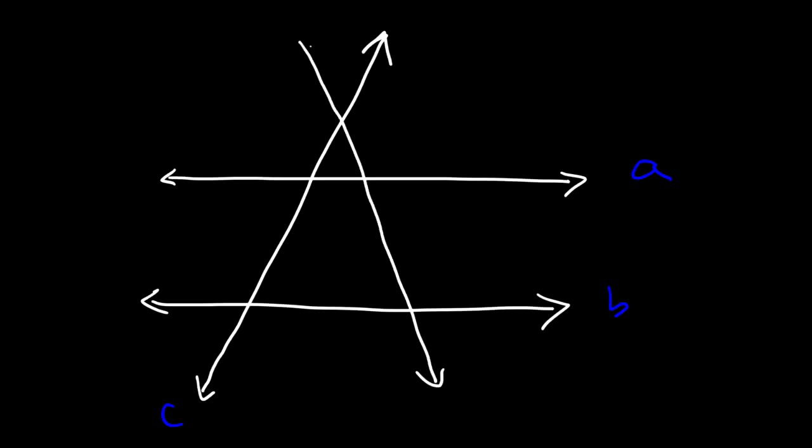Now here's another problem. Let's say line A and line B are parallel to each other. And there's going to be two transversals. So this is one transversal. We can call it line C. And it intersects with another transversal, which we'll call line D. And let's say that this angle is 50 degrees.